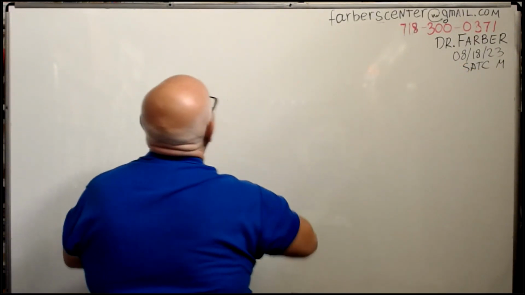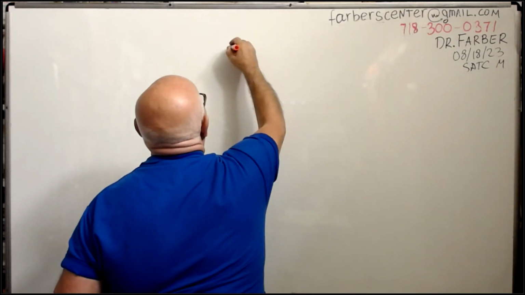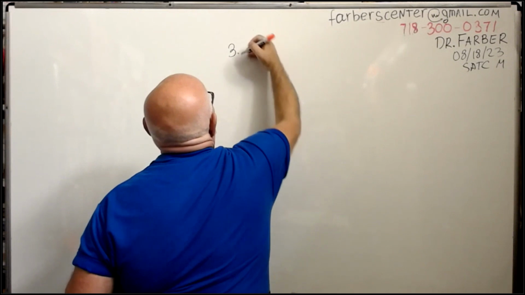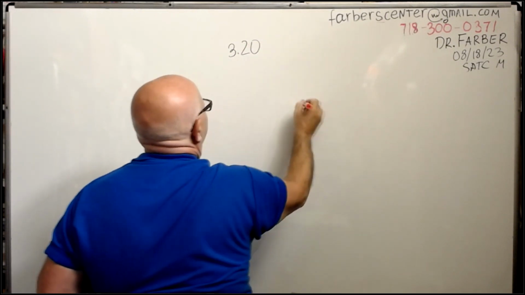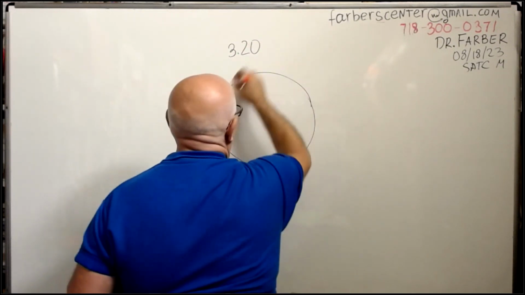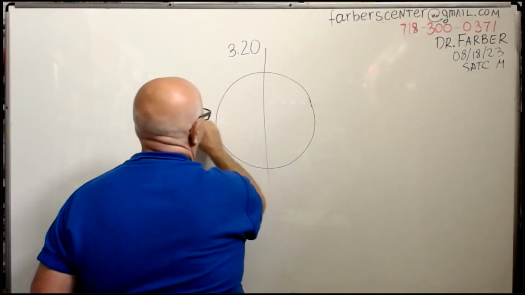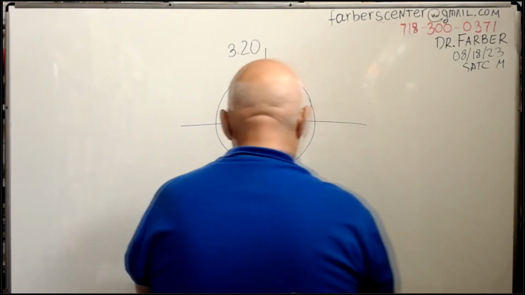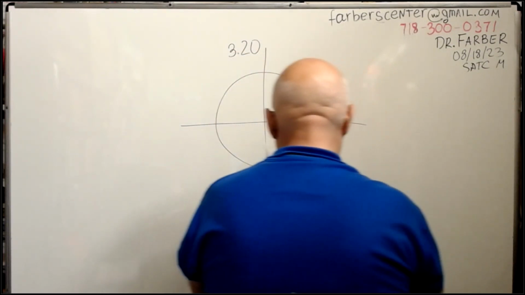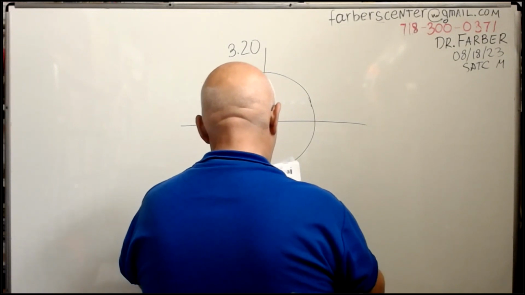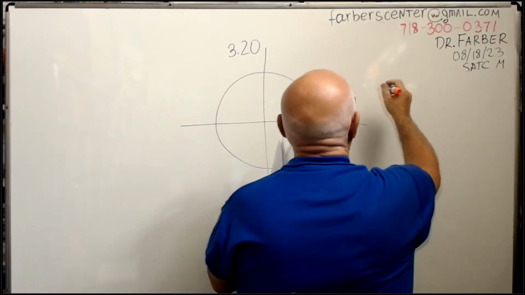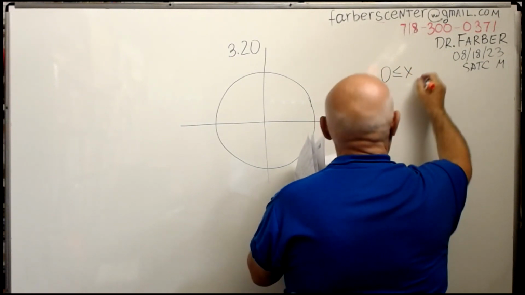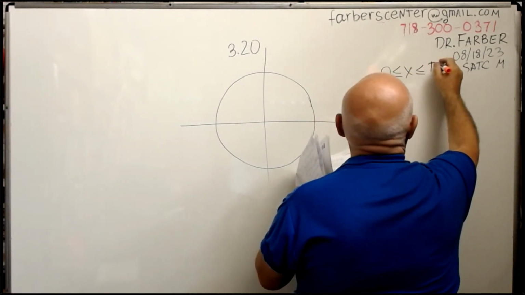Let me make a 320. Let's make a circle. And what is given? The angle is 0 less or equals to x less or equals to pi over 2.